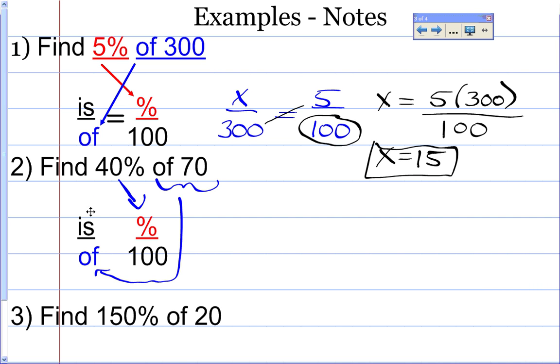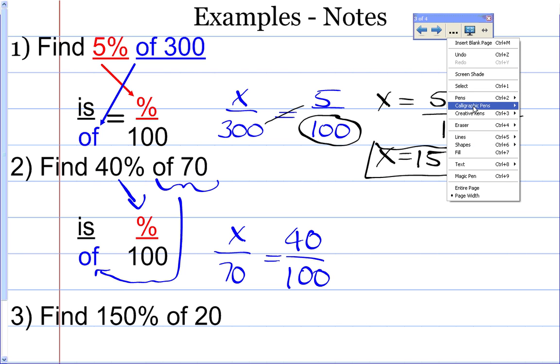And again, we're trying to find what that is. What is 40% of 70? So again, is what we're trying to find for these problems. So is going to be x. The of, we said, is 70. The percent is 40. And we always have 100 down here.